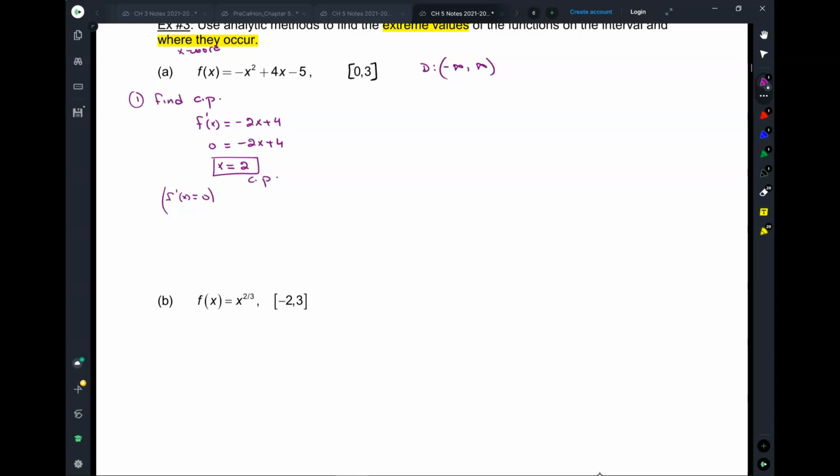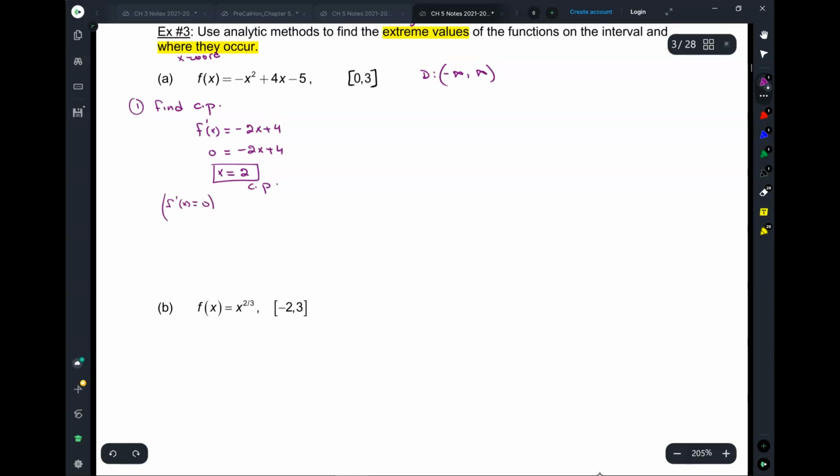Okay, so now we need to find absolute max or min, and we're given a closed interval. So we need to use the extreme value theorem. To do that, we evaluate f of x at the critical points and the endpoints.